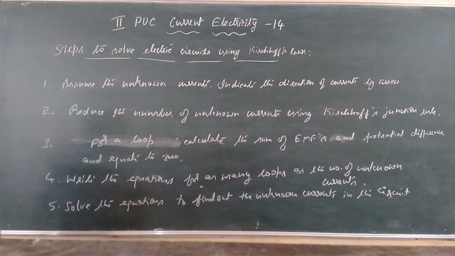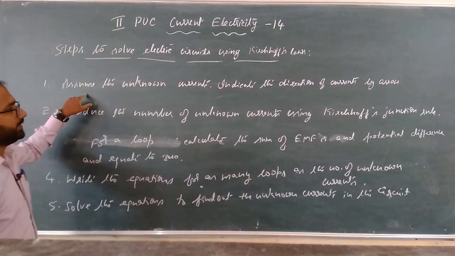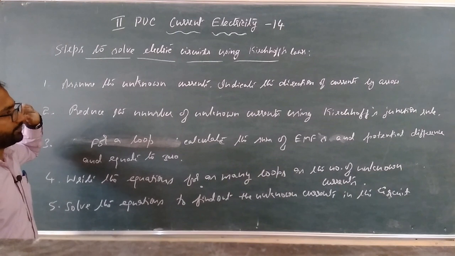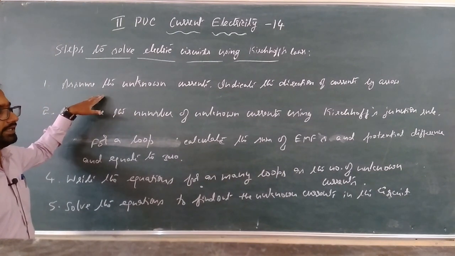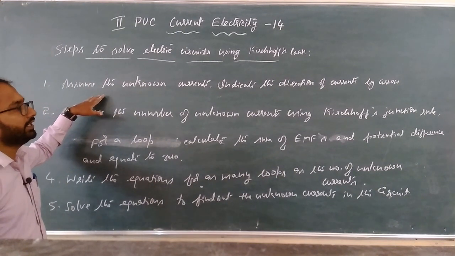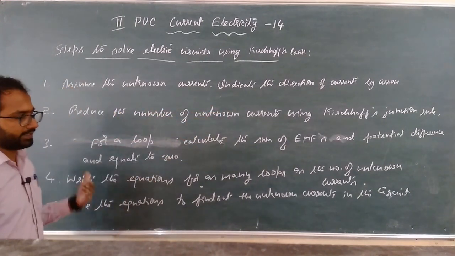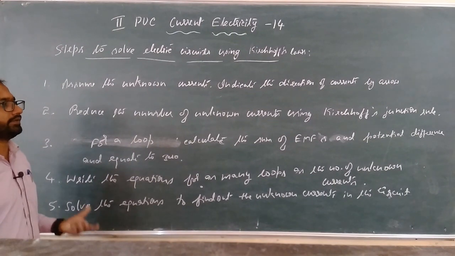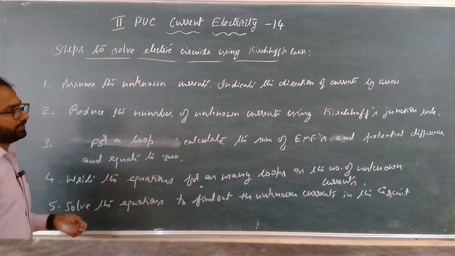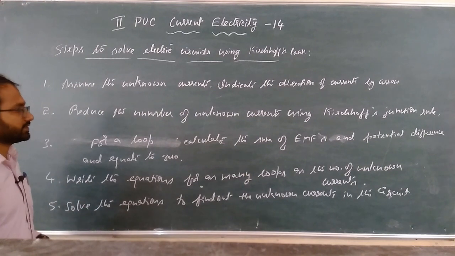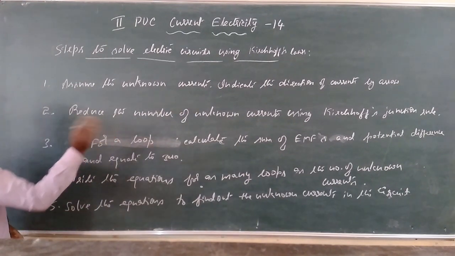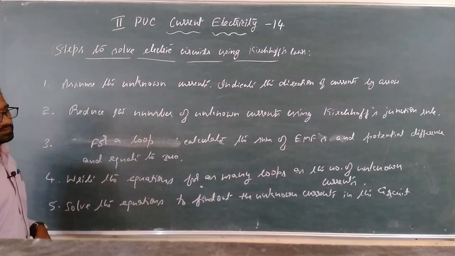Okay, so these are the steps involved in solving electrical circuits by Kirchhoff's laws. You first assume the unknown currents and indicate the direction of a current by arrow. If the actual direction of current in that particular branch is opposite to the direction indicated, that is reflected in the final result: the value of current in the final expression will be negative. Reduce the number of unknown currents using Kirchhoff's junction rule.